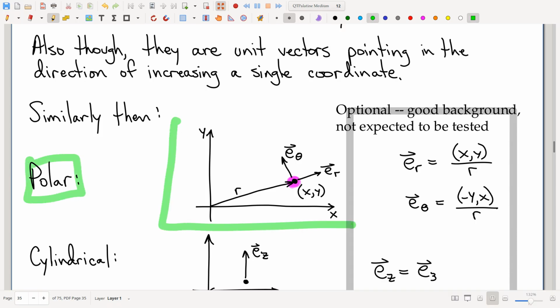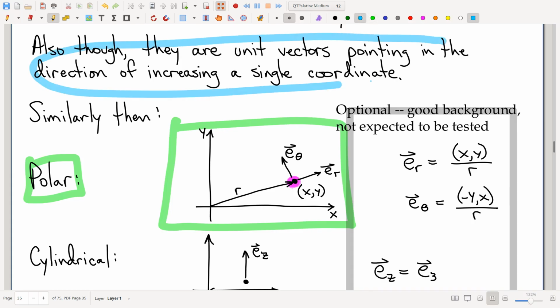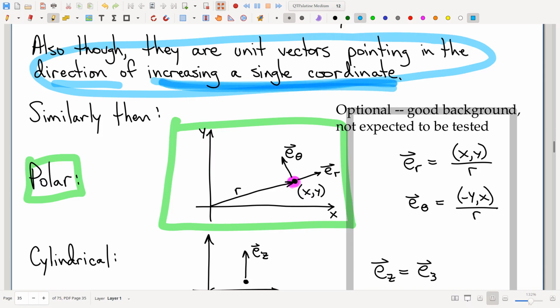We can talk about the vectors that point in the direction where you're increasing just one single coordinate. For example, from this purple point, I can talk about what happens if I hold theta constant and then increase only r. Well, I'd be going that direction. And so that's what we call e sub r.